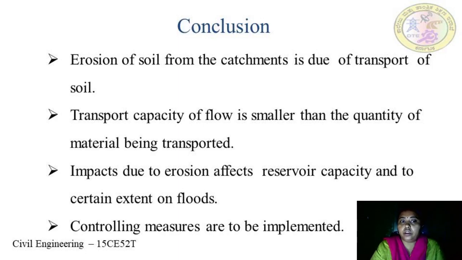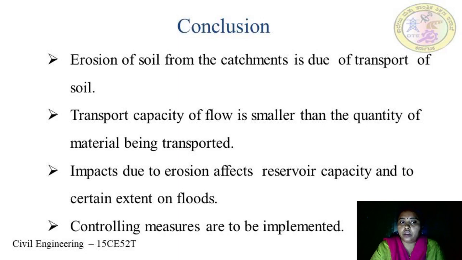So the main cause of erosion is deforestation and the soil of the particular area, it depends on the soil, and improper treatment of the catchment where the particular methods are not being carried out regarding cultivation and proper use of water.